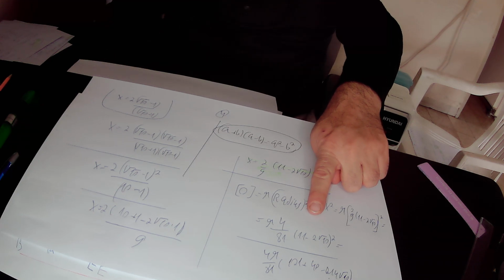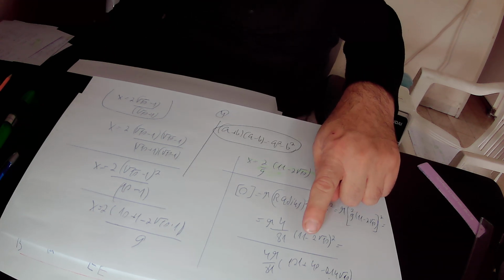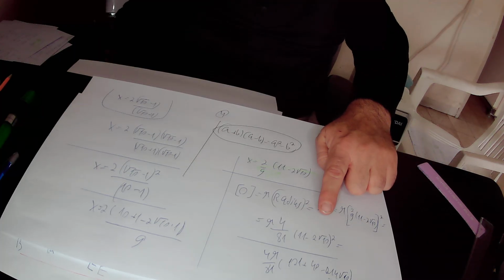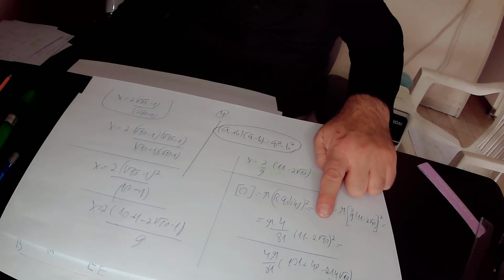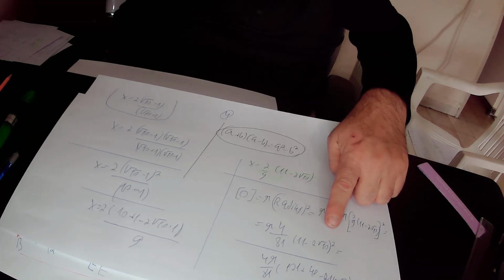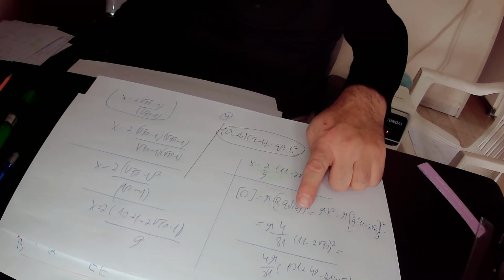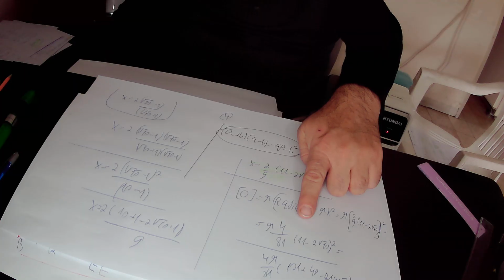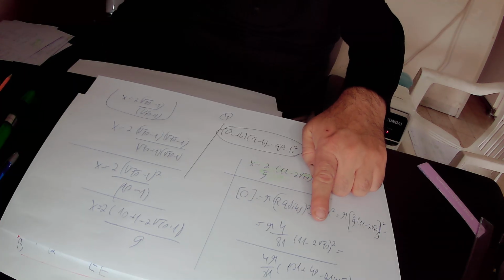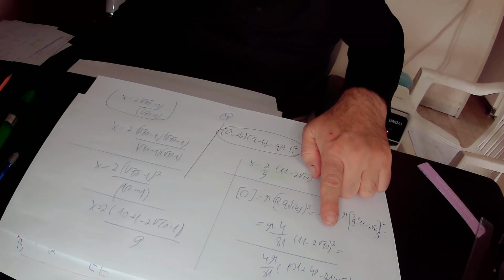11 minus 2 times root of 10 squared equals 11 squared, that is 121, plus 2 times root of 10 squared, that is actually 2 squared, that is 4, times square root of 10 squared, which is 10. 4 times 10 is 40. And we have minus 2 times 2 times 11, this is minus 44, times root of 10.